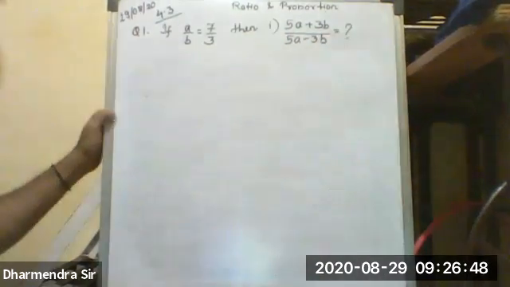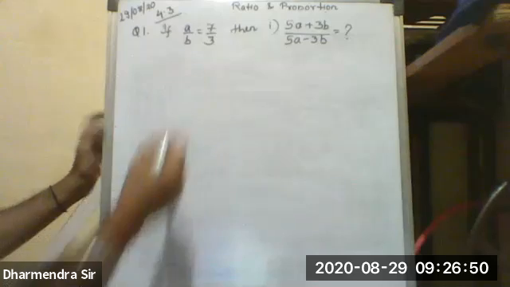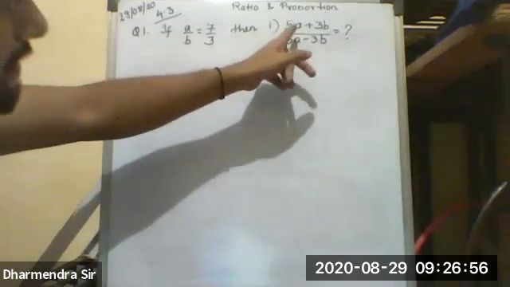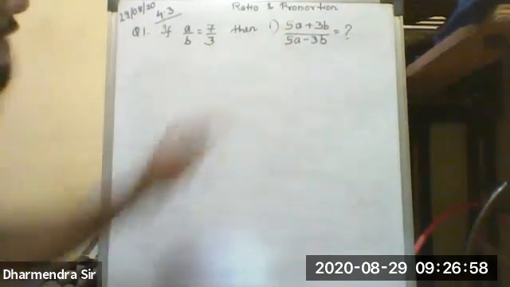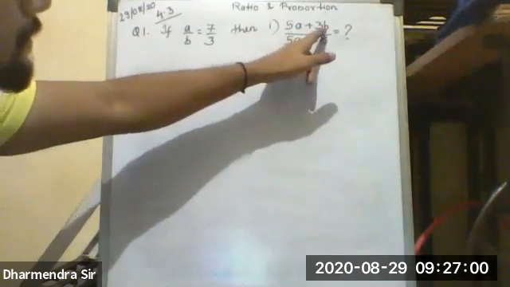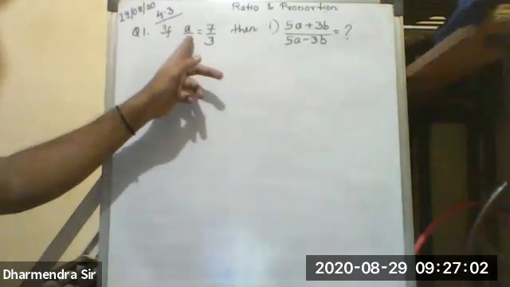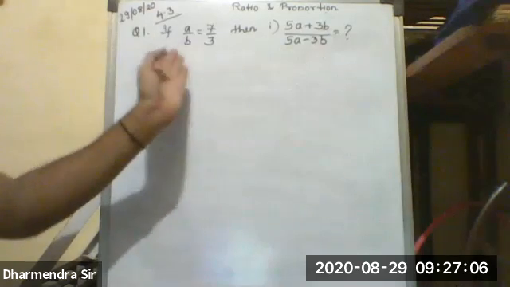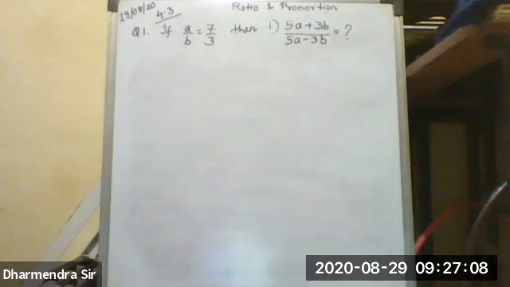This is very simple. As you can see that you are having a by b, that is given, and here you can see that 5 is present with a, and with b we are having 3. So we should multiply 5 in the numerator and 3 in the denominator to get the required terms.